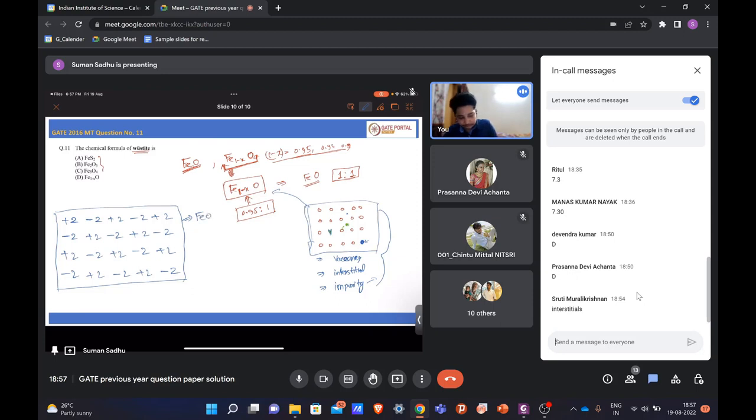You can see the same number of iron and the same number of oxygen is there, right? 1 2 3 4 5, 1 2 3 4 5 6 7 8 9 10. So a total of 10 to 10 ratio is present. If it is exactly perfectly stoichiometric, then this happens.